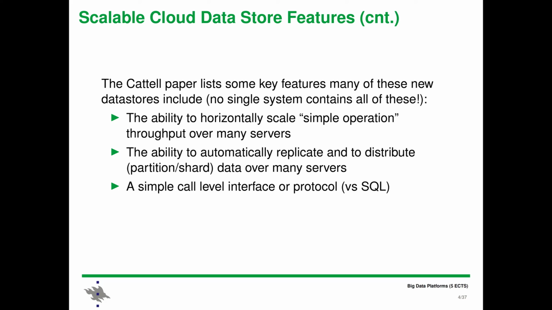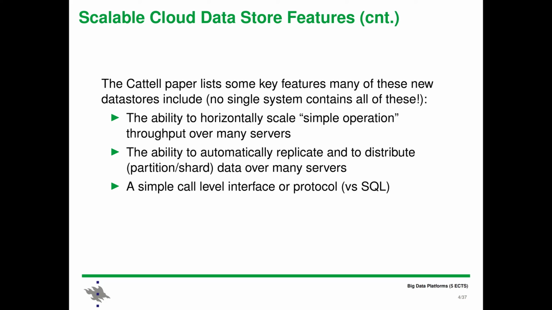These simple operations are things like users logging into the system, users finding what movies they can watch, and users updating their preferences. Simple operations are quite often required to implement websites, and these cloud data stores were built to scale up to really massive user amounts.